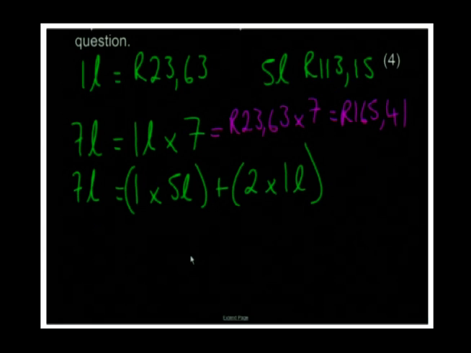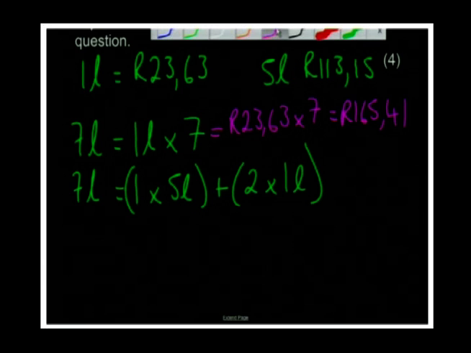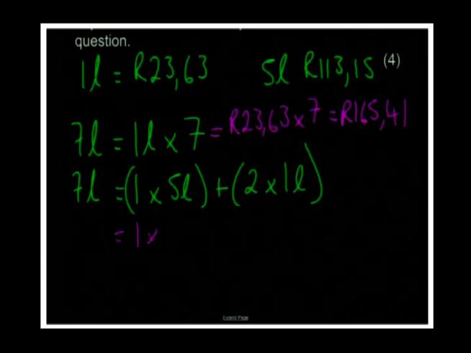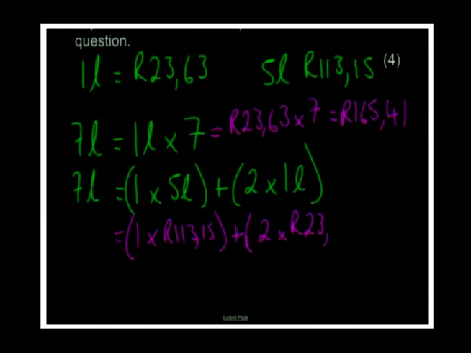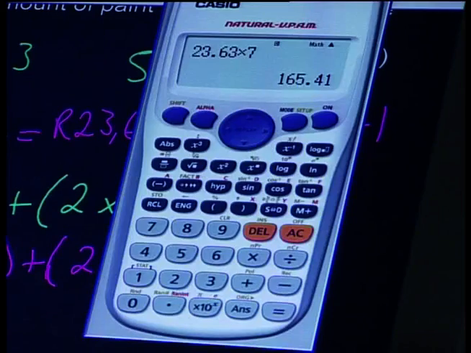Absolutely. Okay. Now, what's it going to cost me if I buy 1 of these 5 litres, which cost 113 Rand 15 cents, plus I buy 2 1 litres, and each 1 litre costs 23 Rand 63. Let's punch that into our calculator.